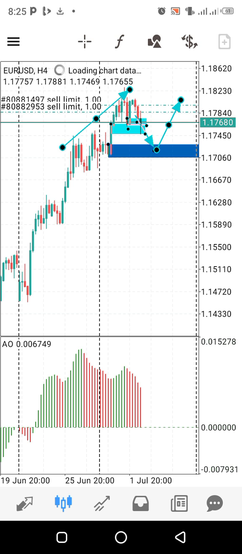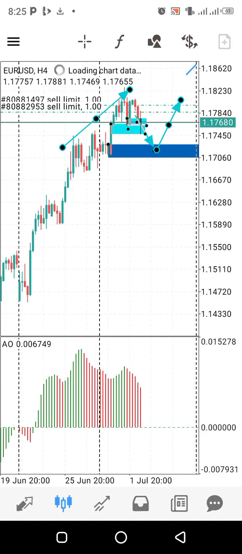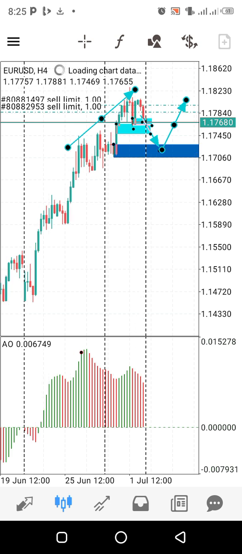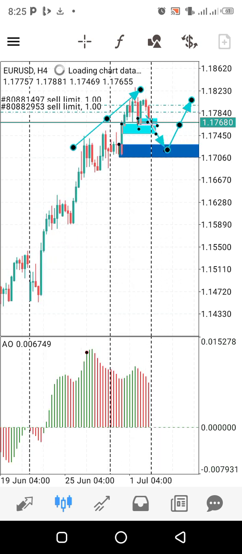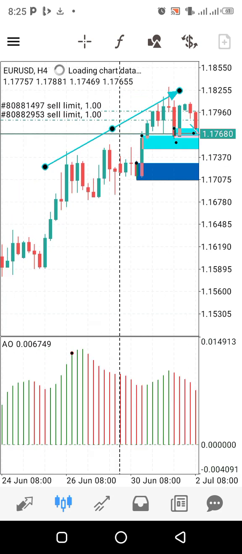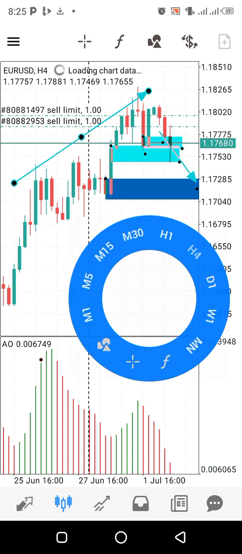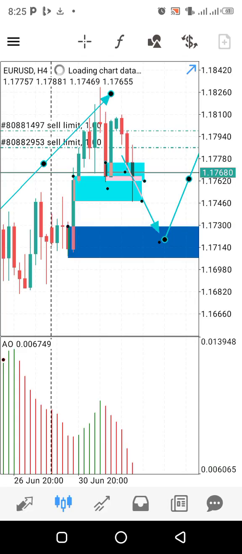In the awesome oscillator you see that price is giving you lower lows. If I bring an arrow, I'll show you.